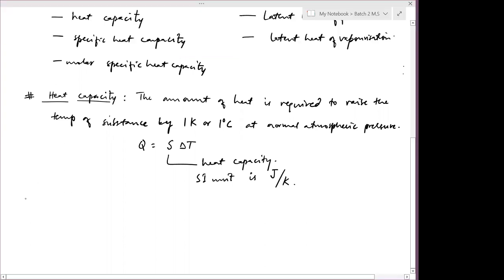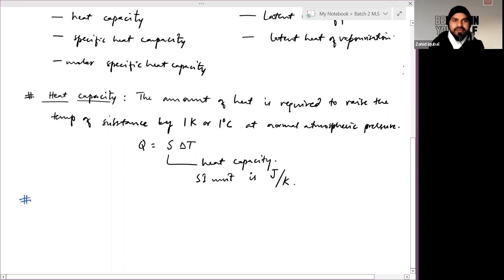Okay. Suppose if you define some mass related to this particular heat, we call it specific heat capacity or specific heat constant. Specific is for a fixed amount of mass of that particular substance.